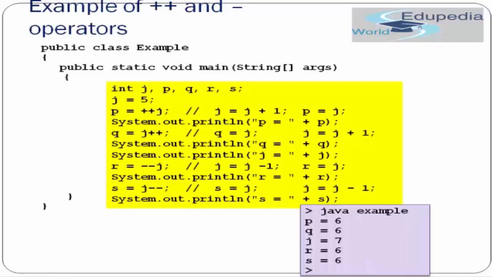When we assign the value of J to S, S will become 6 because J was 6 till now. And then we decrement the value of J. So if you print the value of S, it will come as 6. And if you print the value of J after this line, it will come as 5 because you have decremented it afterwards. I hope this example is quite clear.